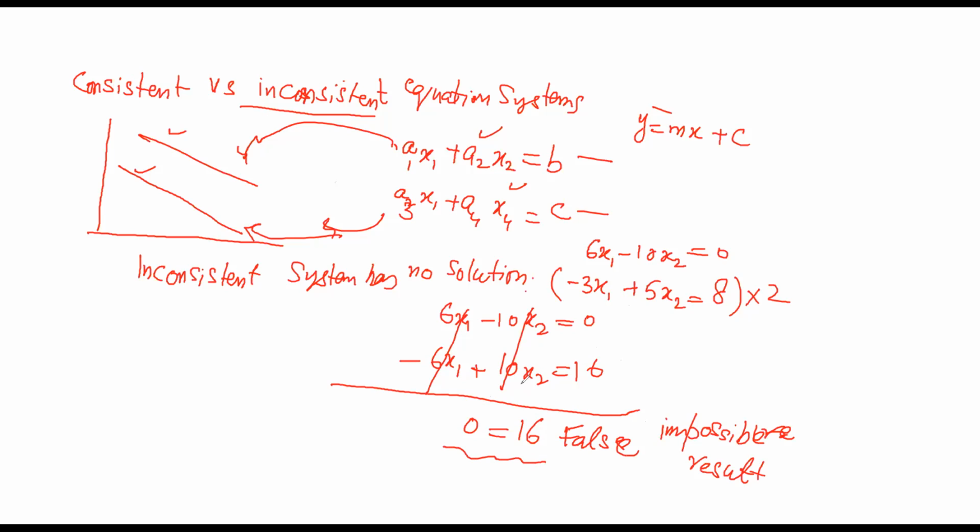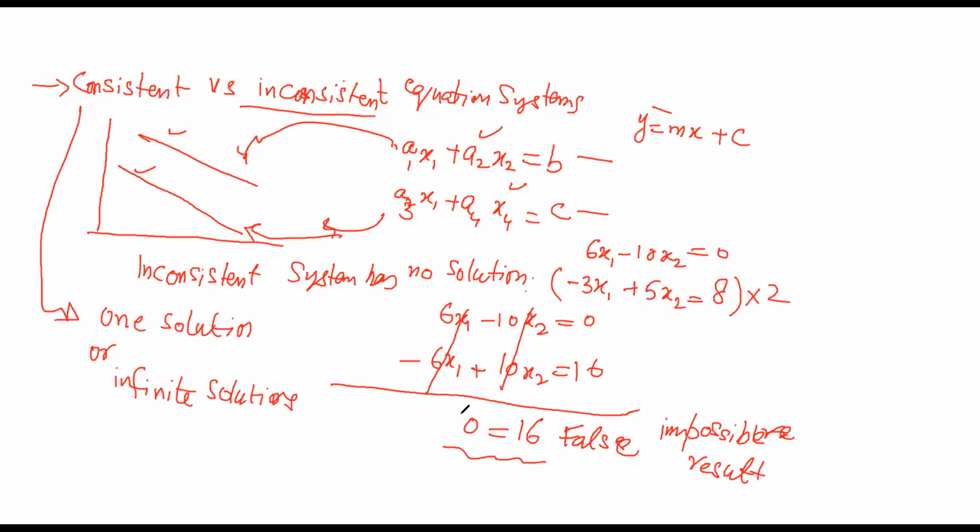If we don't get this type of result by the row operations, then we say that the system of equations is consistent. The consistent system will have either one solution or infinite solutions. There are only three possibilities.